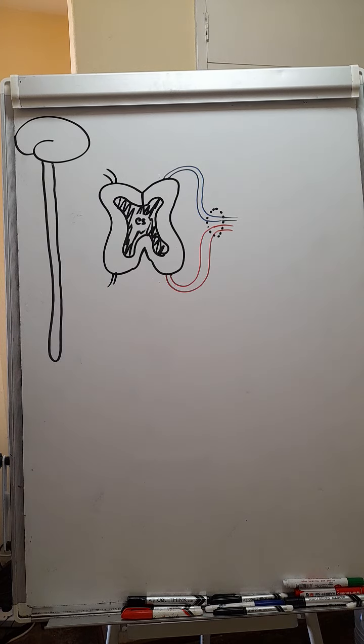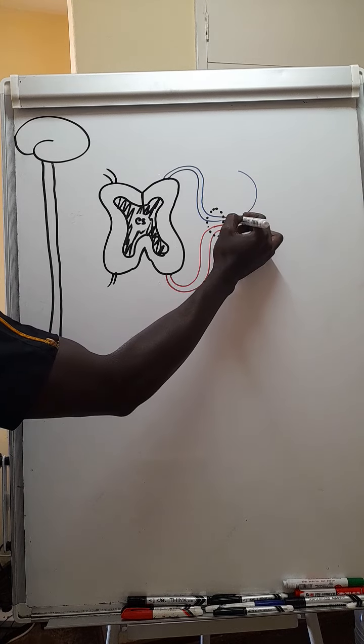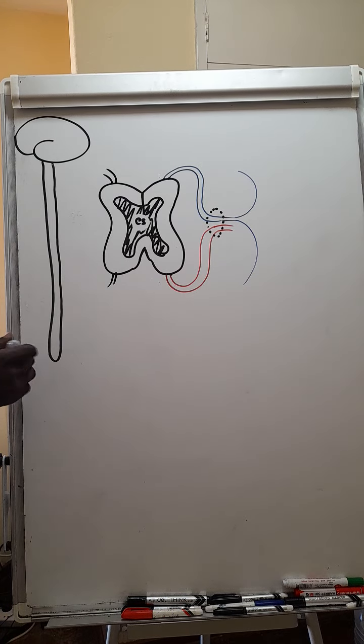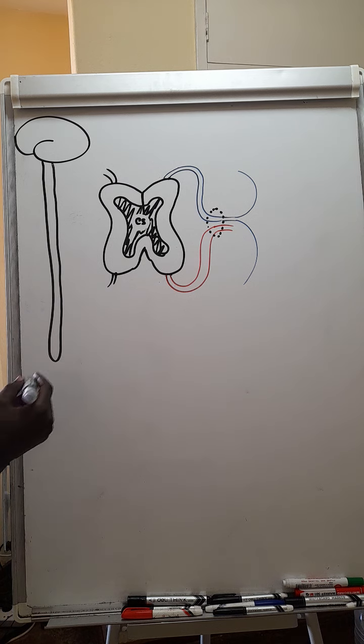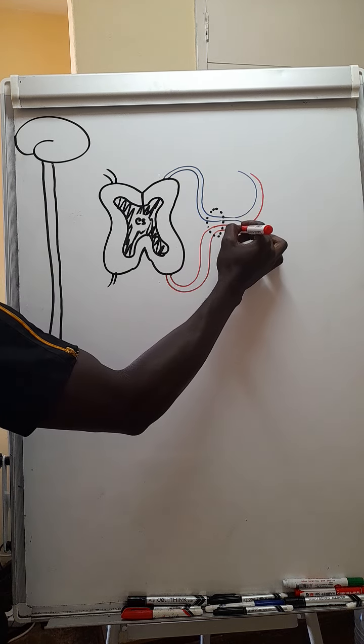So it will ramify. The word ramify means to divide, to spread. So the sensory will ramify into a posterior rami and an anterior rami. You can call them ventral rami. Now I think you know the words ventral, anterior, posterior, dorsal. And then you have the posterior rami as well for motor, then the anterior rami.